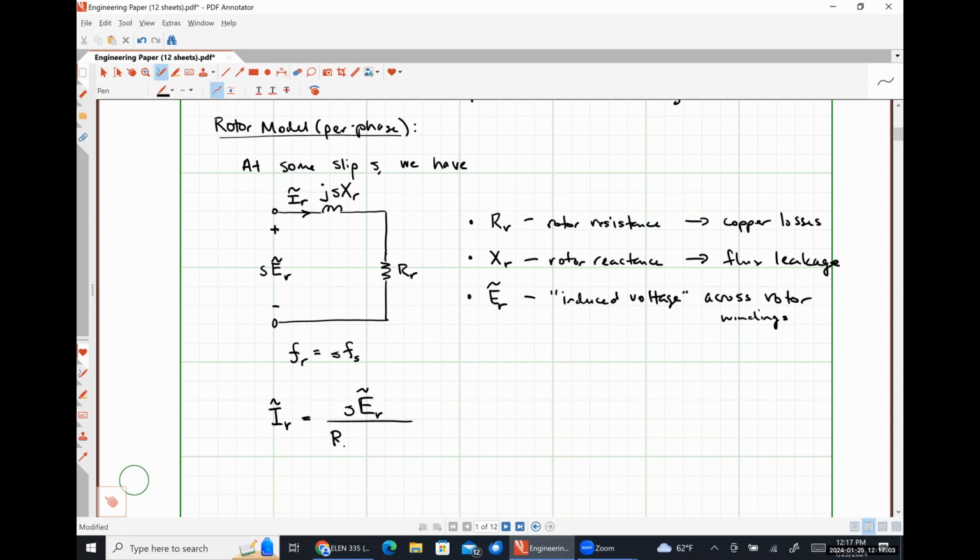So that'll be R sub R plus JS X sub R, where, just to be clear here, that rotor current is expressed as a function of the rotor frequency.